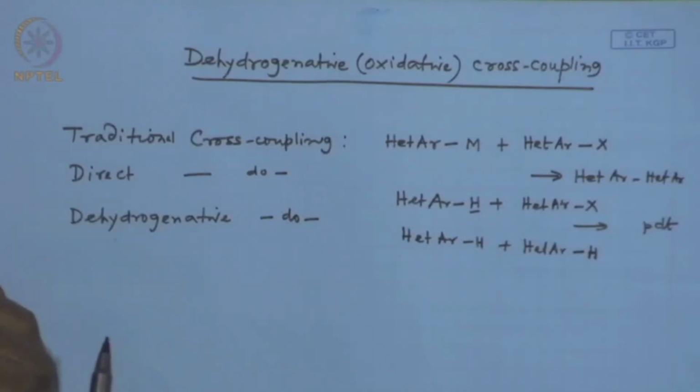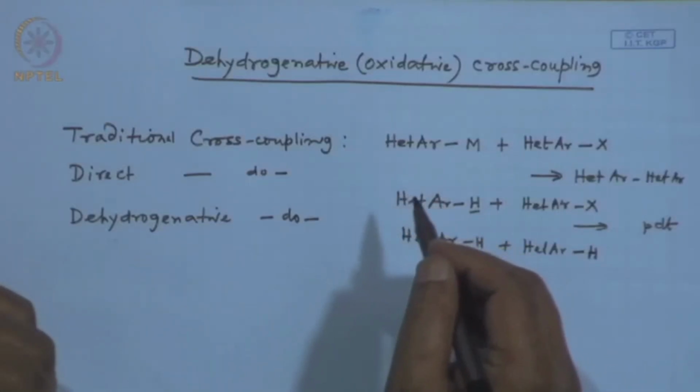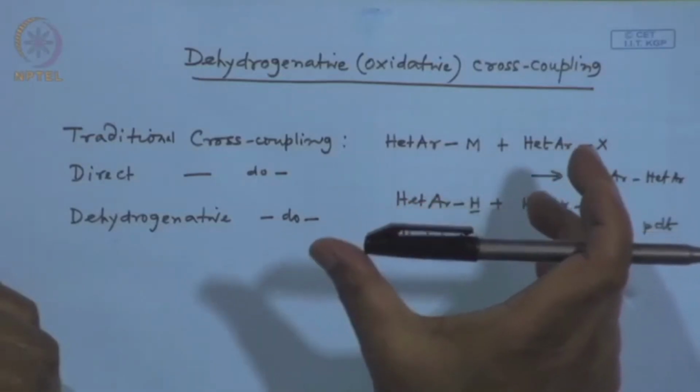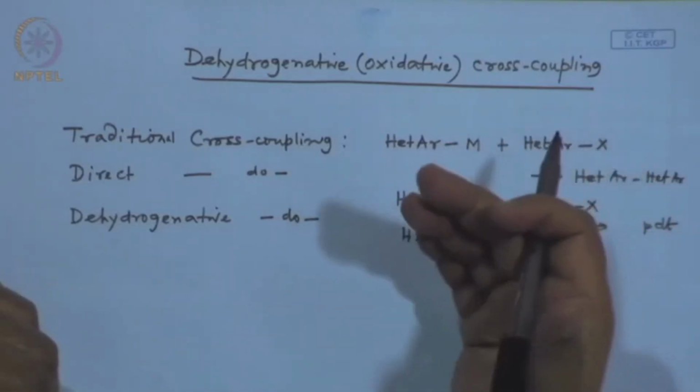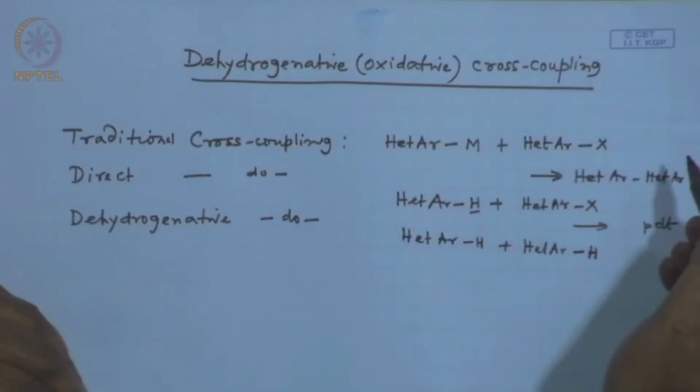What is the other possibility? Early in the honors level, we have learned that if you have a carbon-metal and a carbon-metal, you can oxidatively dimerize, like the sodium salt of ethyl acetoacetate treated with iodine gives the corresponding dimeric product. So two metalloids, that means heteroaryl metal and another heteroaryl metal, can be oxidatively coupled to the corresponding biaryl compounds.